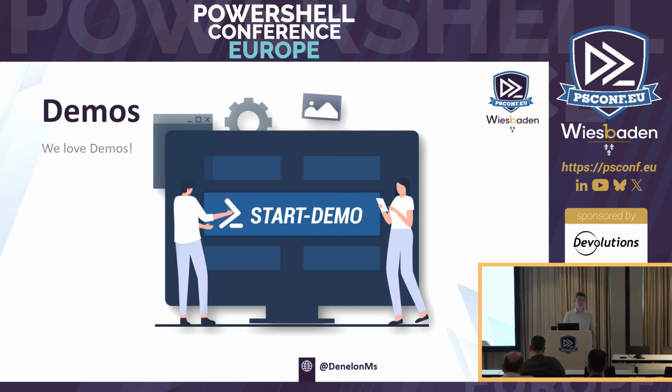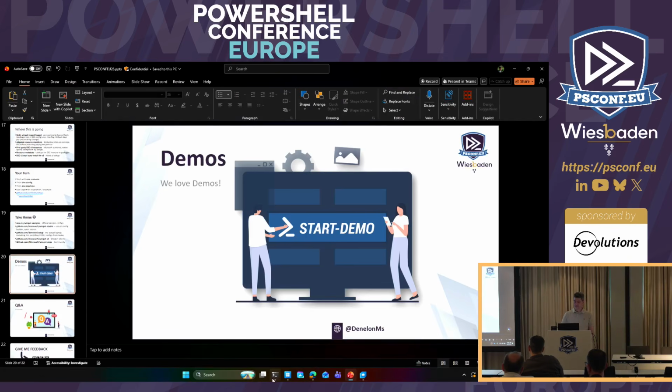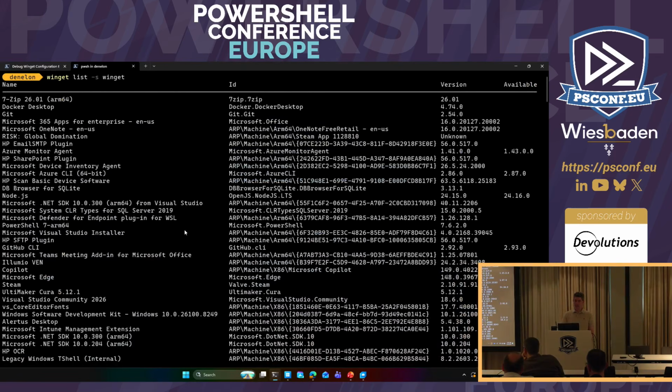So I've got some demos I can do with the Winget CLI real quick, and then we'll take questions. On this device, I've actually upgraded it from the stable version to the preview. I ran list on the stable version, and you'll notice we get out of alphabetical order very quickly.